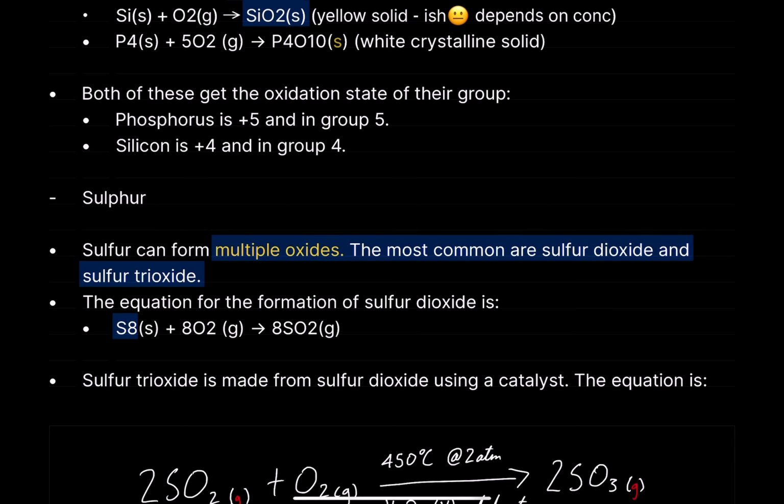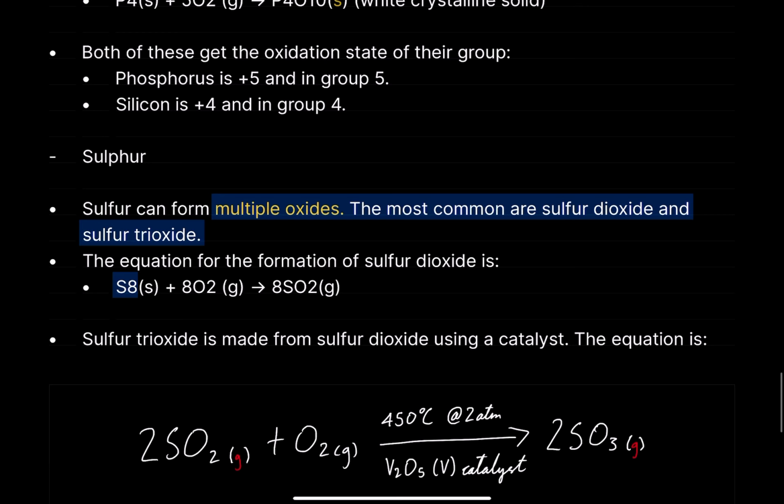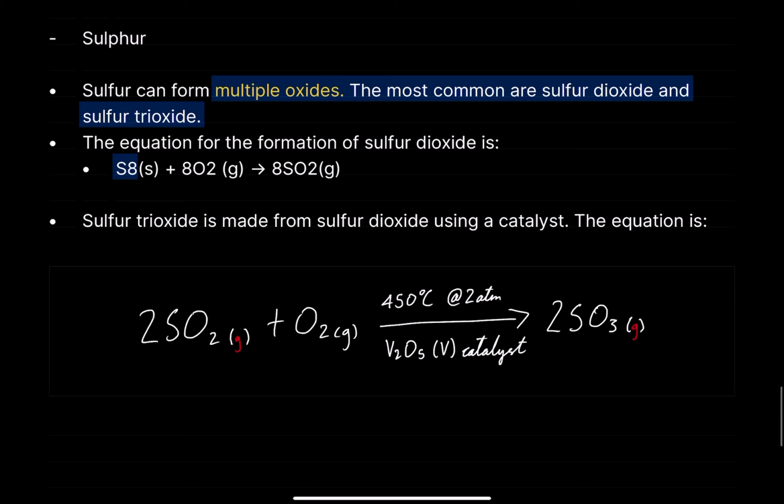To get sulfur dioxide, I'm pretty sure you can just do that without a catalyst. But to get sulfur trioxide, you need sulfur dioxide to react with oxygen under special conditions of roughly 450 degrees Celsius, 2 atmospheres of pressure, and a V2O5 catalyst to form 2SO3.